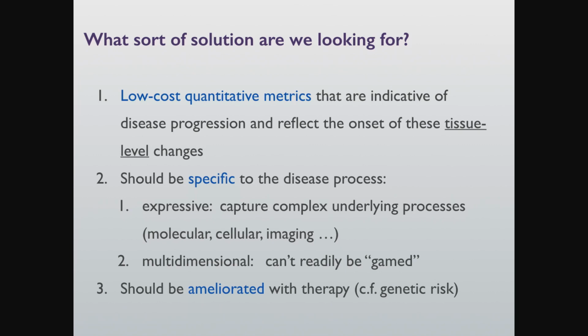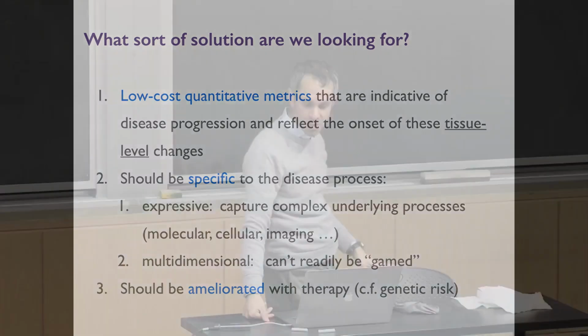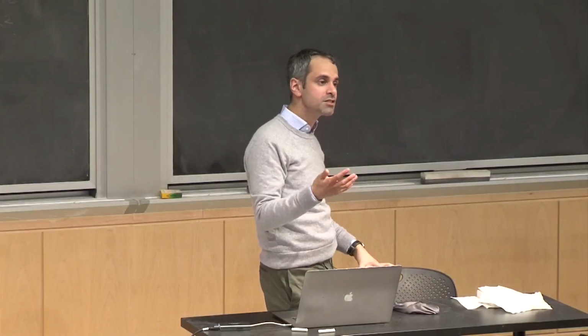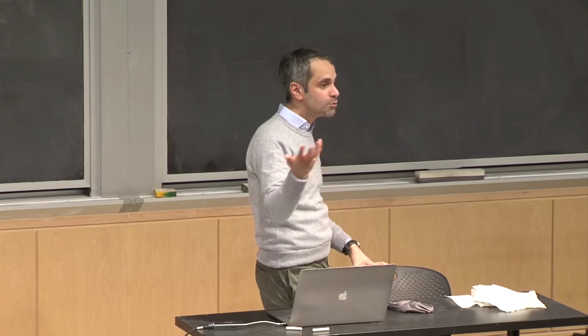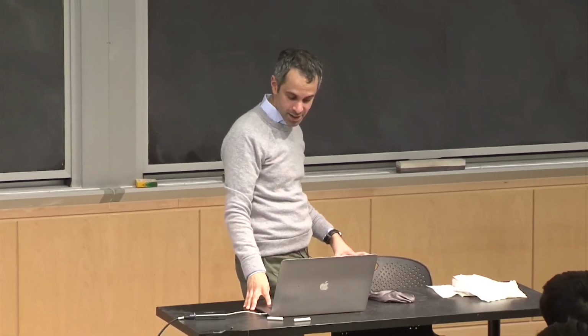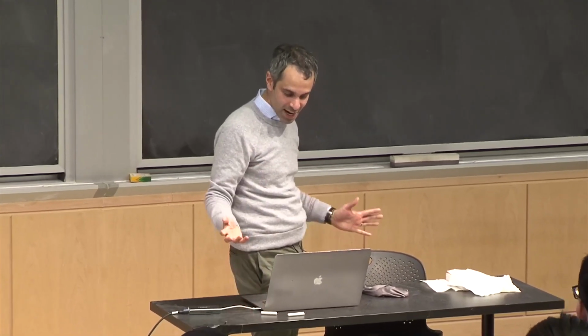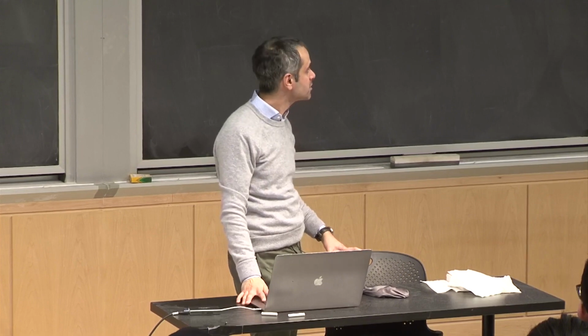And so it should be low cost, reflective at an individual level, relatively specific to the disease process, expressive in some way, and should get better with therapy. I think that's one of the things that's pretty important: if somebody does the things you ask them to do, hopefully that will look better. And then that will be motivating. I think that's how people get motivated, is that they get responses.